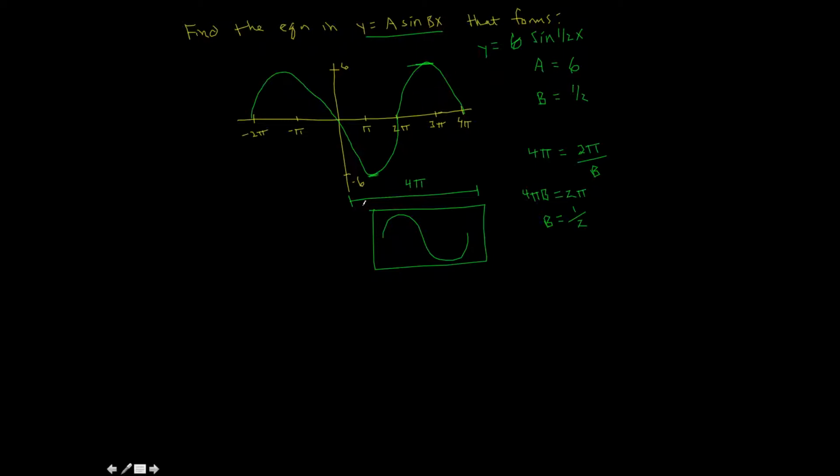What do you notice about that sine wave versus the one we have up above it? Hopefully you're screaming that it's flipped. That's correct. So what do we have to have if it's flipped? We have to have a negative in front of our A value. And so this would be the answer to this problem.